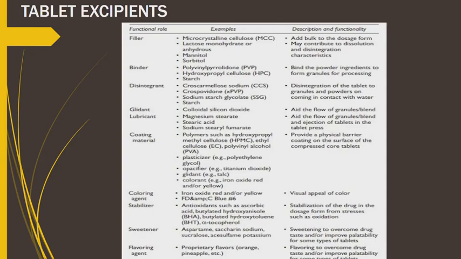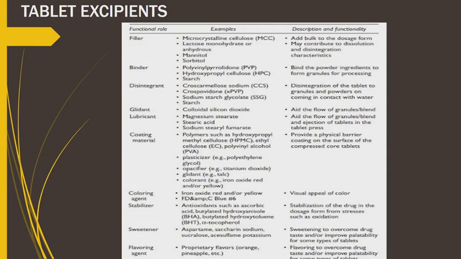Most common disintegrants used are croscarmellose sodium CCS, crospovidone XPVP, sodium starch glycolate SSG, starch. The function of disintegrants is disintegration of tablets to granules and powders on coming in contact with water. That means when the tablet comes in contact with the water present in the body or in the intestine, it disintegrates into fine granules.